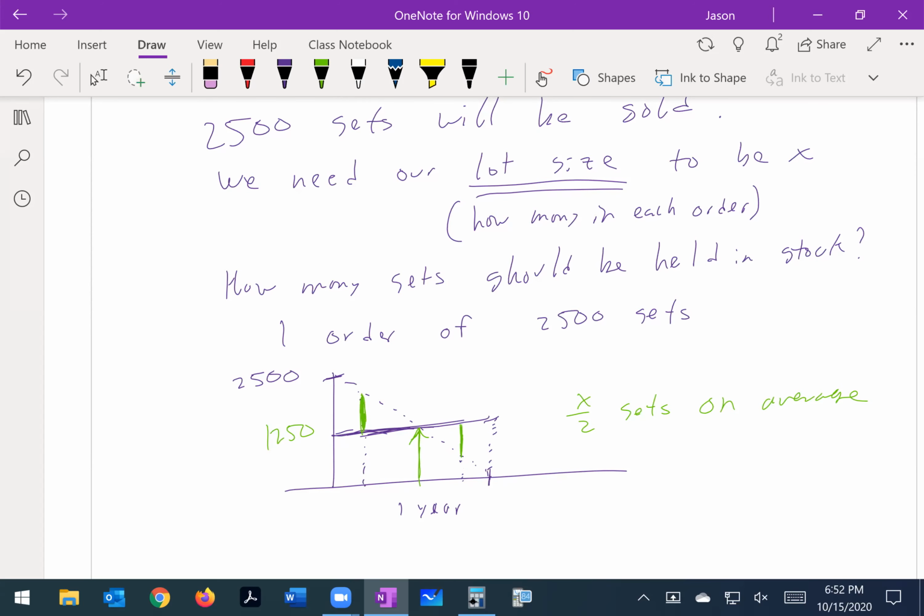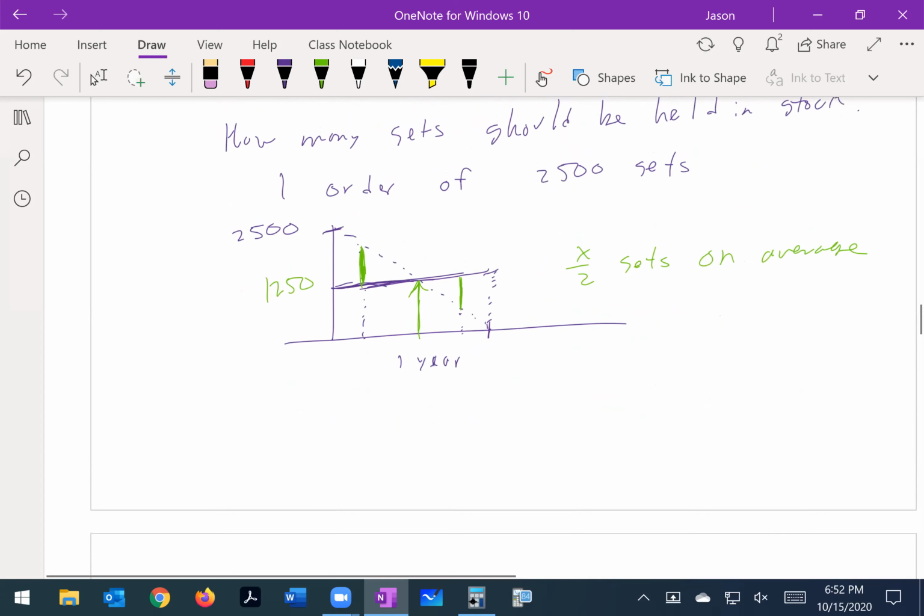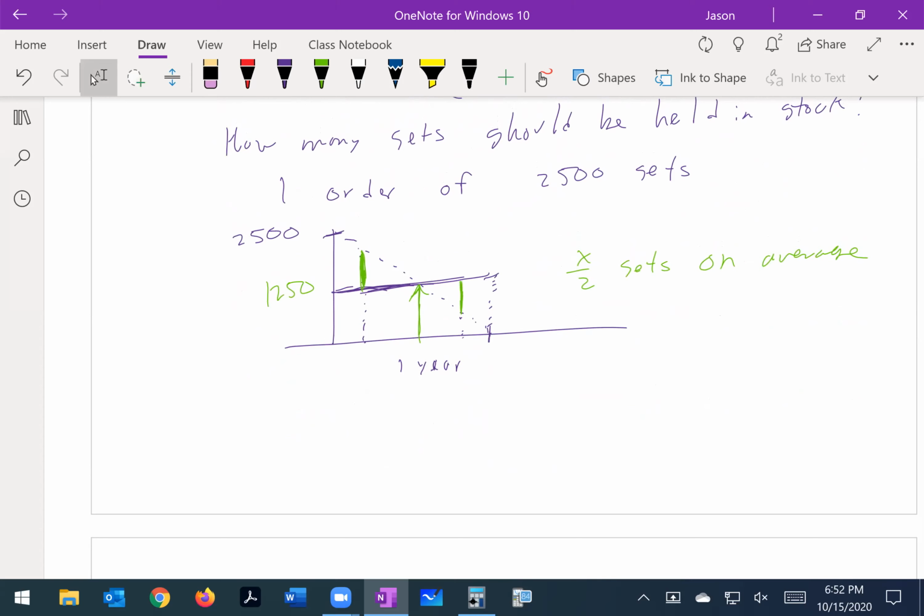But this may not be the optimal setup. The optimal setup may be to have much smaller orders. We don't know. What if, instead of a lot size of 2,500, we have a lot size of 500? Then what does that mean?